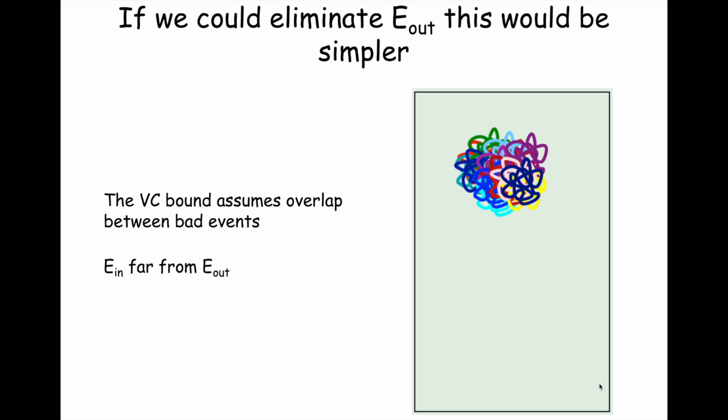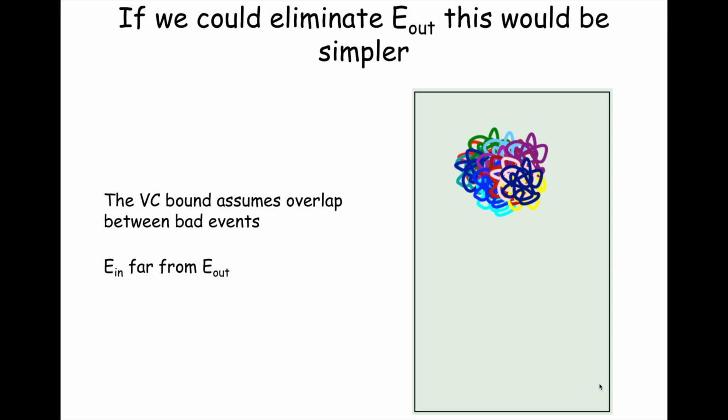But there's another problem with this. Now the problem has to do with E out. Out-of-sample error does exist, and we talked about the probability associated with these out-of-sample points, and that probability, we argued, is responsible for giving you the feature values associated with all of the observations you could have out of sample.